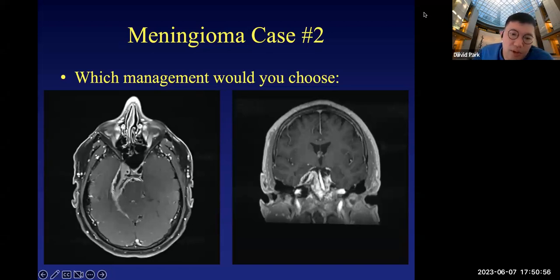So in my point of view, I would recommend at least stereotactic radiosurgery, or another option could be partial resection. But even partial resection of this tumor would be quite invasive and complex surgery. So my recommendation will be radiosurgery at this point.